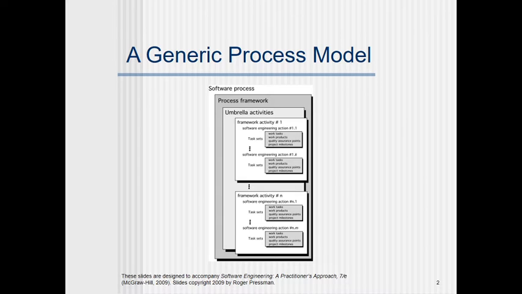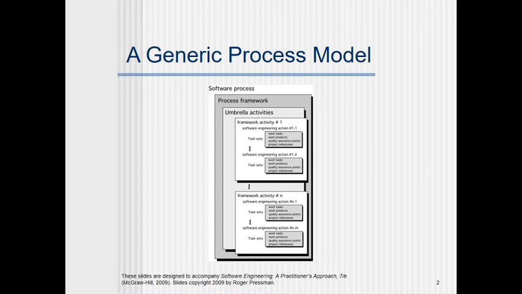As we have seen in the diagram, the software process is a process framework that contains the various umbrella activities, and under these umbrella activities it will contain activity 1, activity 2, activity 3, and activity n.